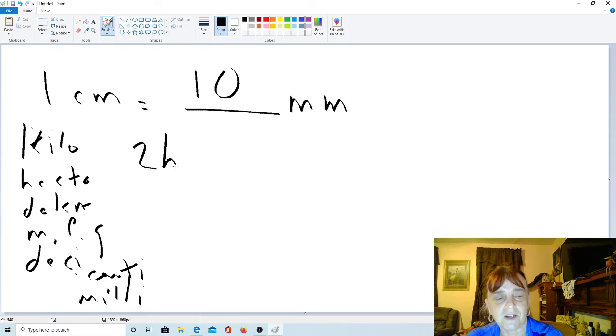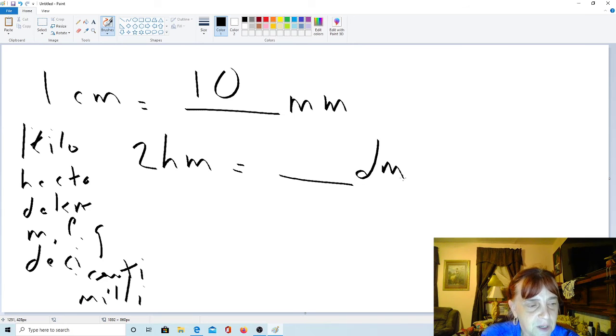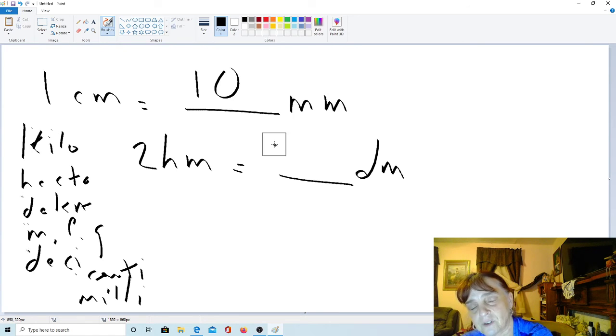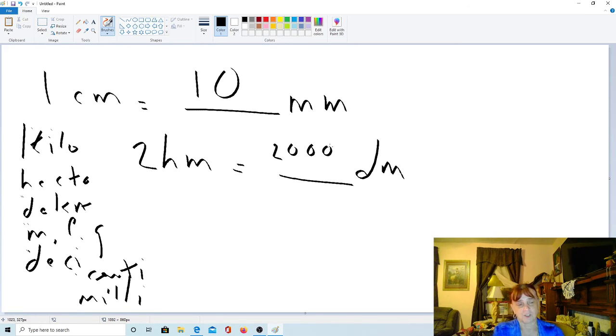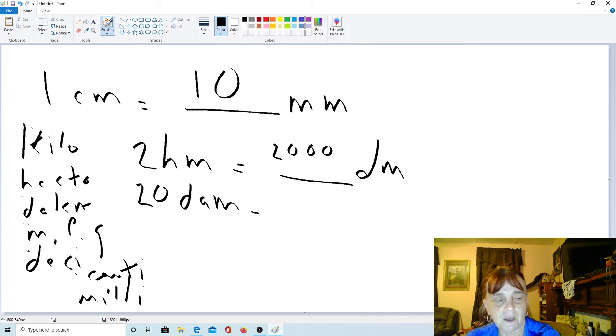And 2 hectometers is how many decimeters. From hectometers, you go to decimeters, you multiply by 10, 100, 1,000. 1 place, 2 places, 3 places. So 2 times 1,000 is 2,000. 2 hectometers is 2,000 decimeters. And 20 decameters, DAM, is how many millimeters.